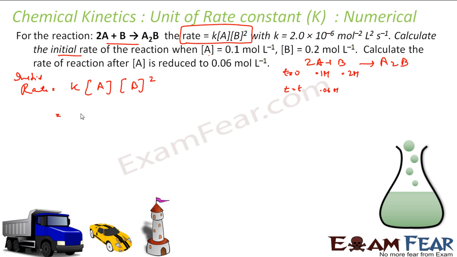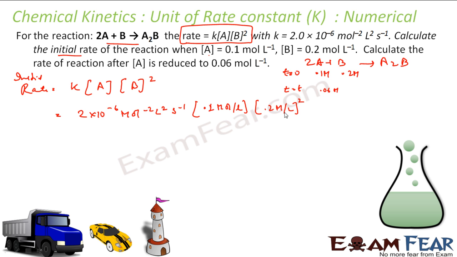K, value of K is given, 2 into 10 to the power minus 6. Unit we will just put like this. Concentration of A is given 0.1 mole per liter, and concentration of B is given 0.2 mole per liter. B has to be squared, so put the square.